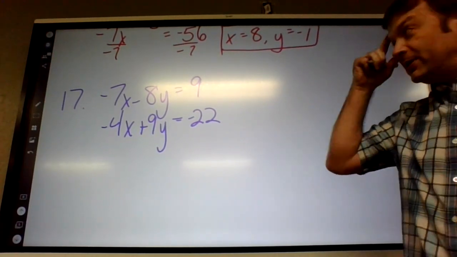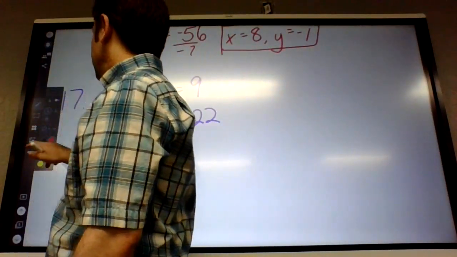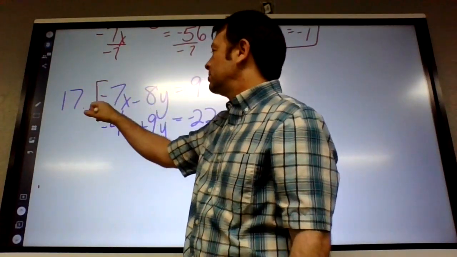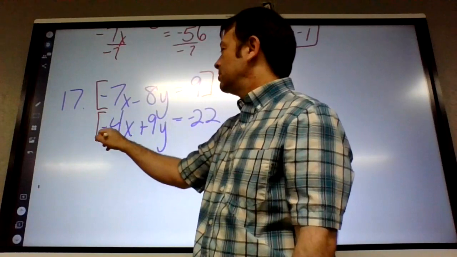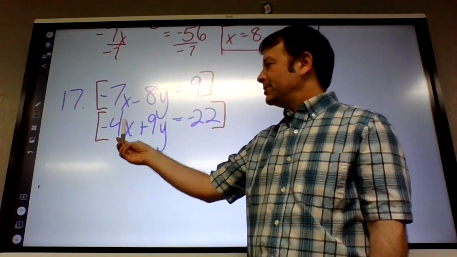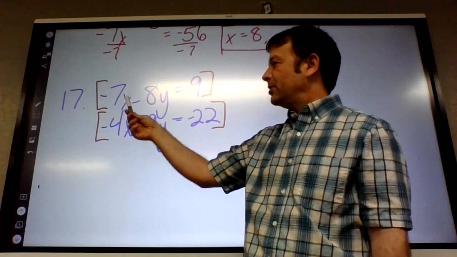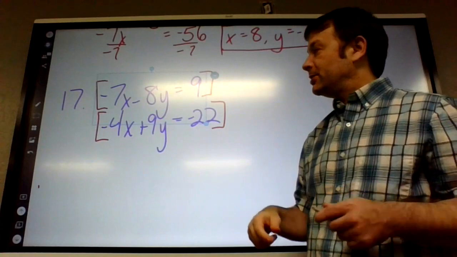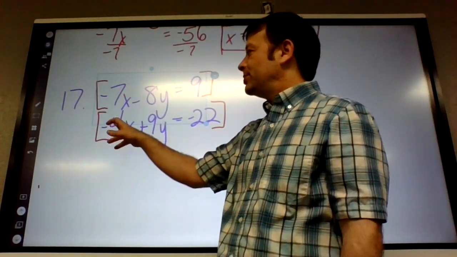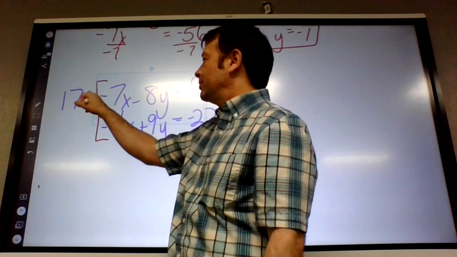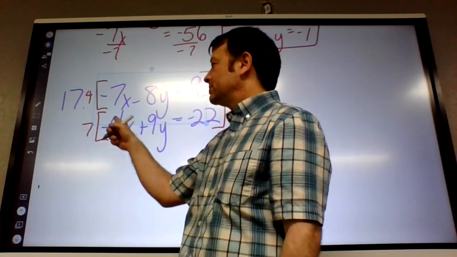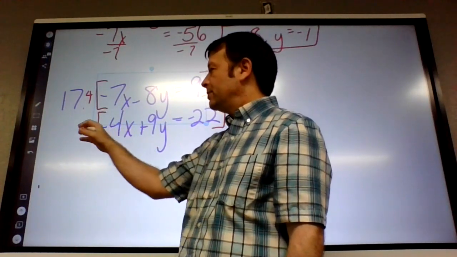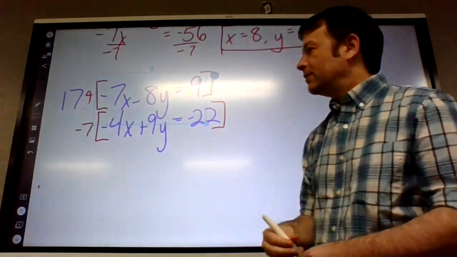Okay, Caden, what do you think we gotta do? Multiply the top one by like 4 and then the bottom one by -7. Okay, the problem is 4 cannot turn into 7, or 8 cannot turn into 9. So we have to multiply both lines into something that they can turn into. 7 and 4 can turn into 28 if you just multiply this line by 4 and this line by 7. But because these are both negative, we need to make one of those negative.